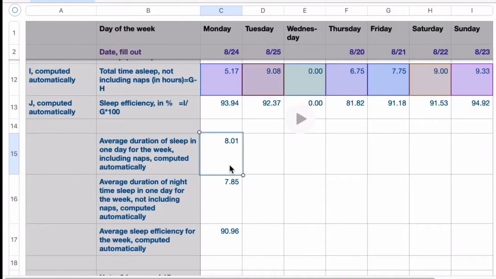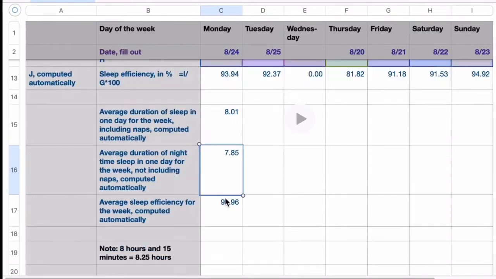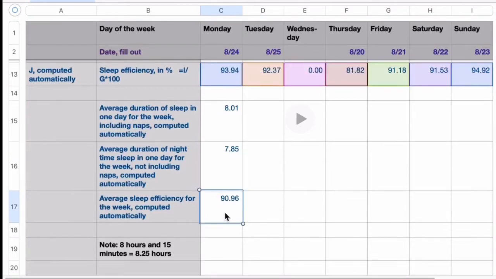So the average duration of sleep for me over the week was 8.01 hours. This would be including naps. If I were to not include naps, then the average duration of sleep would be 7.85 hours. And the average sleep efficiency over the last week for me was 90.96%, which is actually very good.